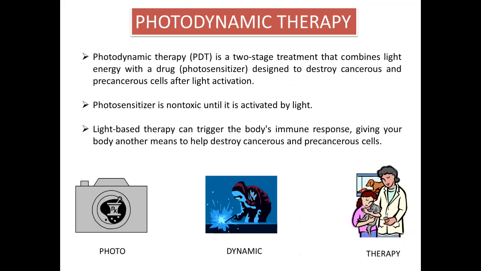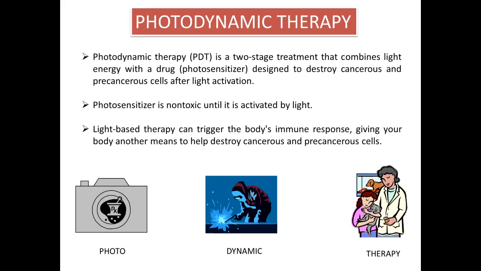So let's see what photodynamic therapy is. Here I have shown a picture just to make it interesting. Photo does not mean a camera or the shutter, with which we usually take images of things. Photo means light. Yes, it's a light therapy. The light alone can't work here, so it needs something dynamic.